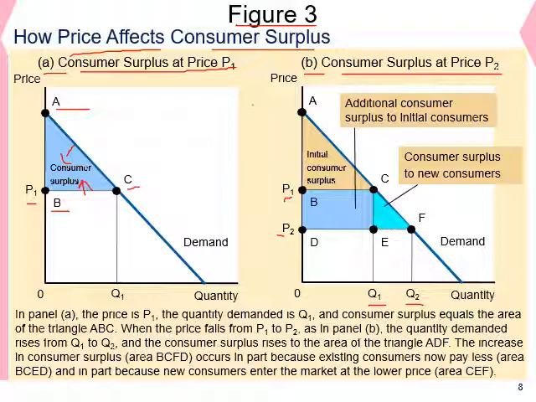So we have the initial consumer surplus, triangle A, B, and C. We also have an additional consumer surplus to the initial consumers, which is the area B, C, E, and D, plus the consumer surplus to new consumers, which is going to be this area, C, E, and F. So because of the decrease in the price from P1 to P2, the new additional consumer surplus will be area B, C, F, and D.